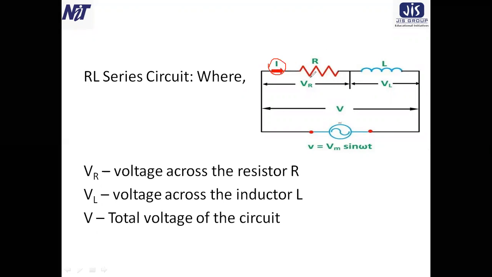The resistance is R and L is the inductance. The voltage across the resistor is VR, the voltage across the inductor is VL, and the total voltage is V.